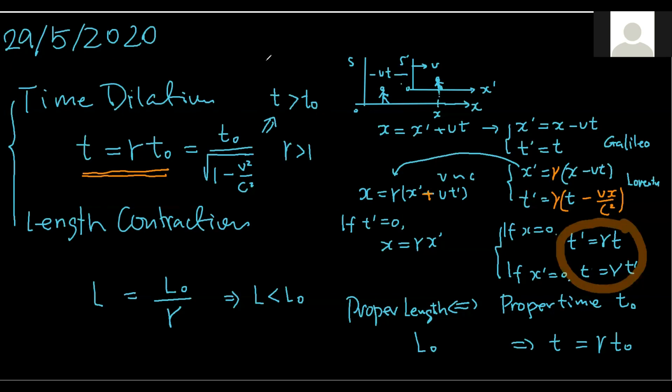That is why, if you have time, you really have to look for what is the proper time. And you have to do the same for length. You also have to make the assumption that there is a proper length, so that both time dilation and length contraction are absolute.